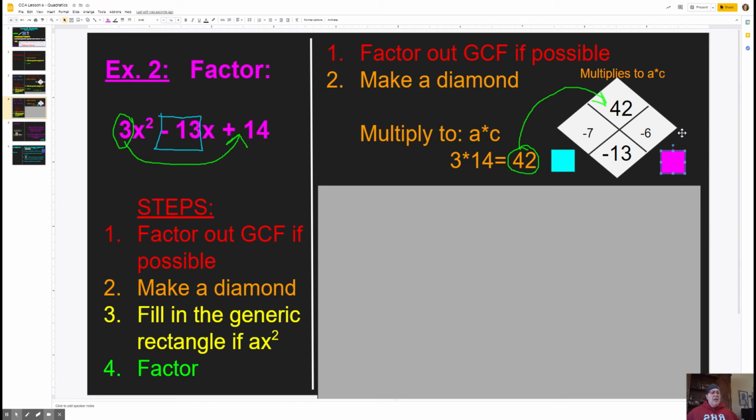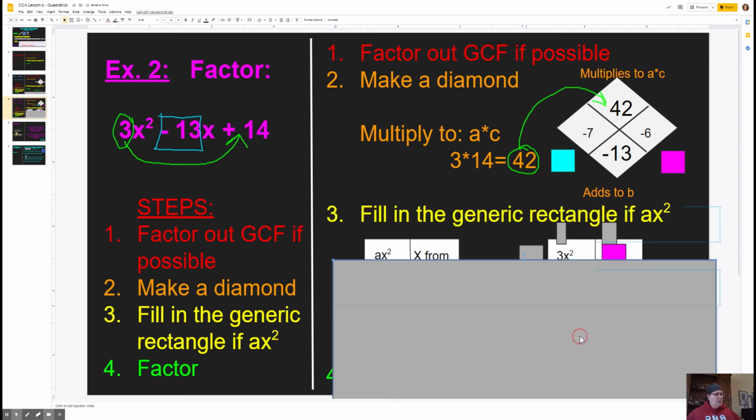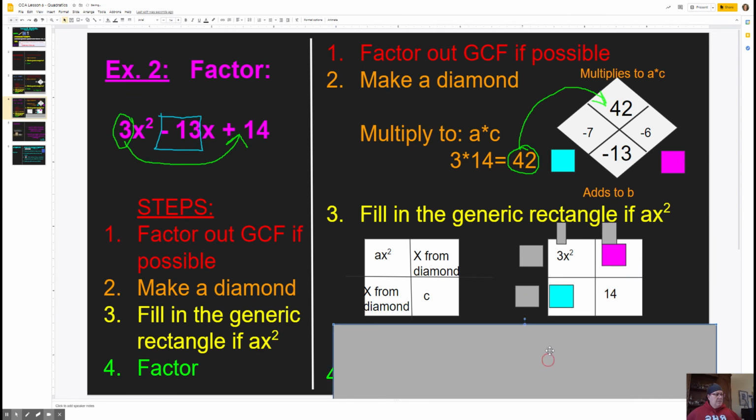Now, again, like I said, what's different with this lesson is we're adding in this generic rectangle piece. So once you know the 2 numbers that you're going to use, you're going to draw a generic rectangle. And here is your generic rectangle right here.